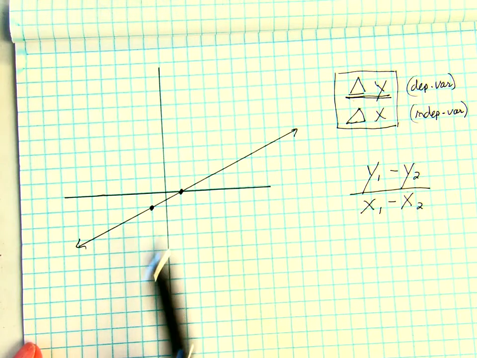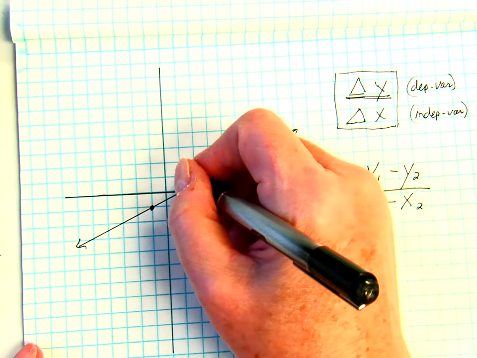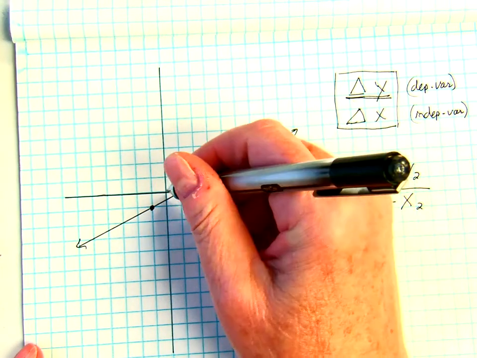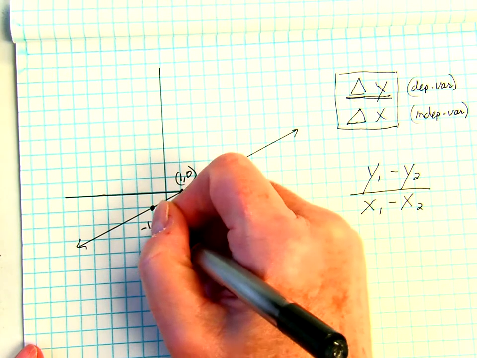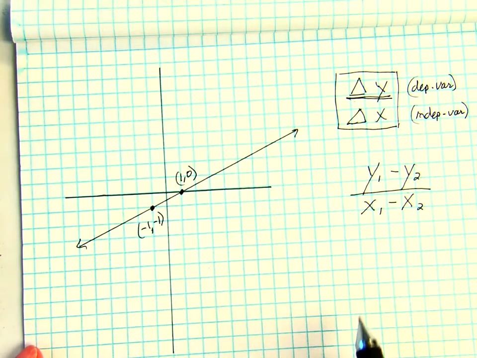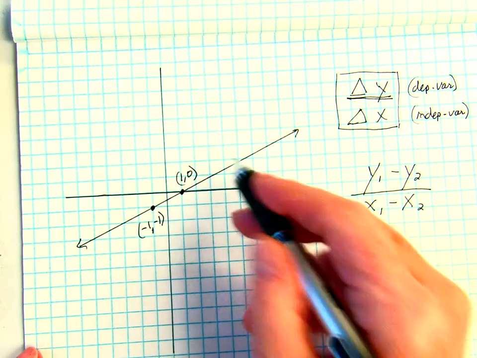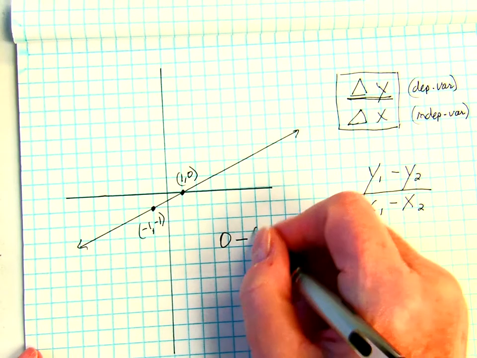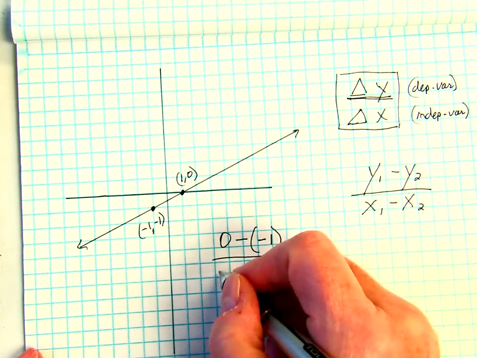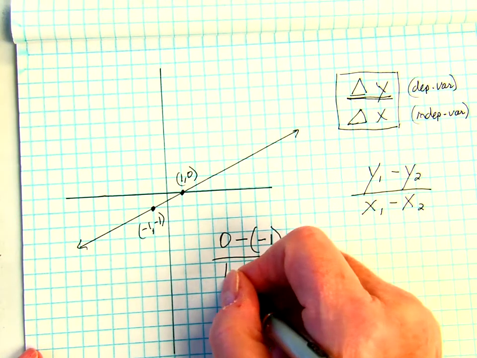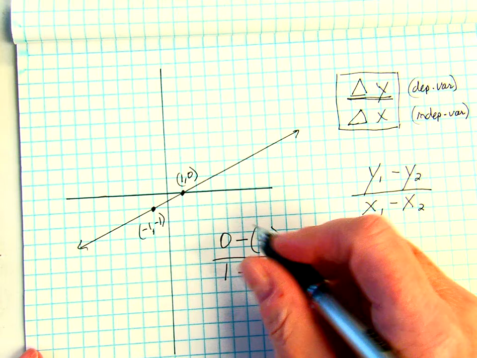So I have these 2 points. This point is 1, 0, and this point is -1, -1. So I have my y's on top, so this is 0 minus -1, and over my x's 1 minus my -1.